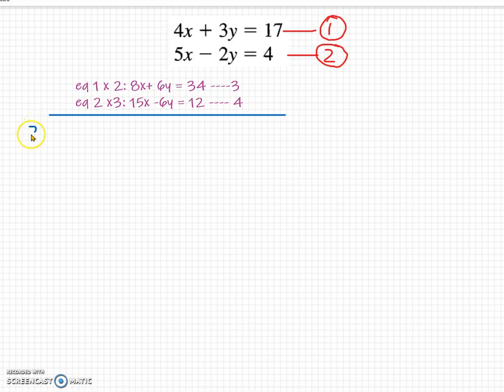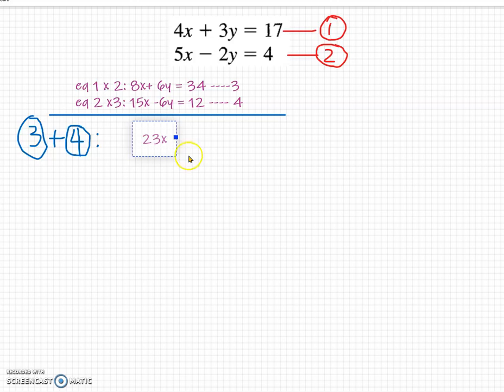Alright, so if I take equation 3 and I add to equation 4, what shall I get? 8x plus 15x will give me 23x.